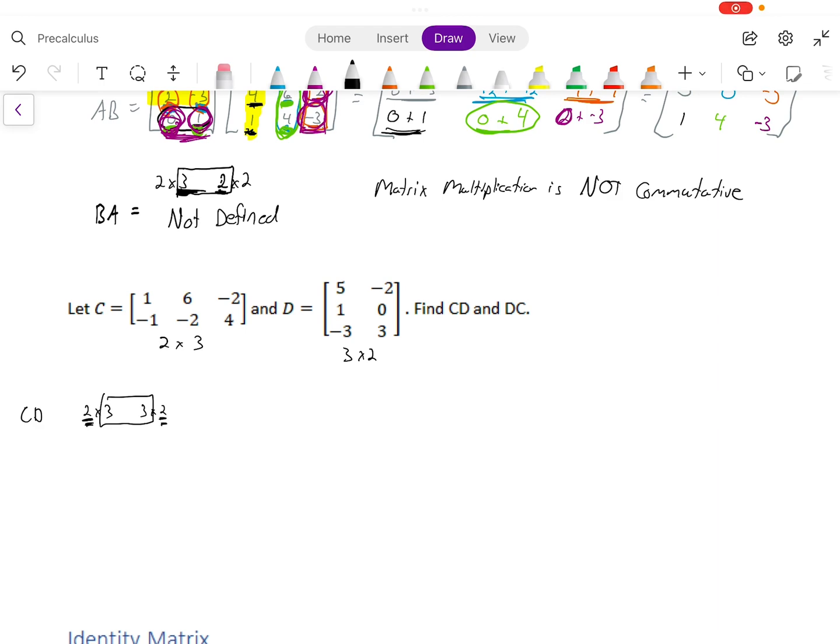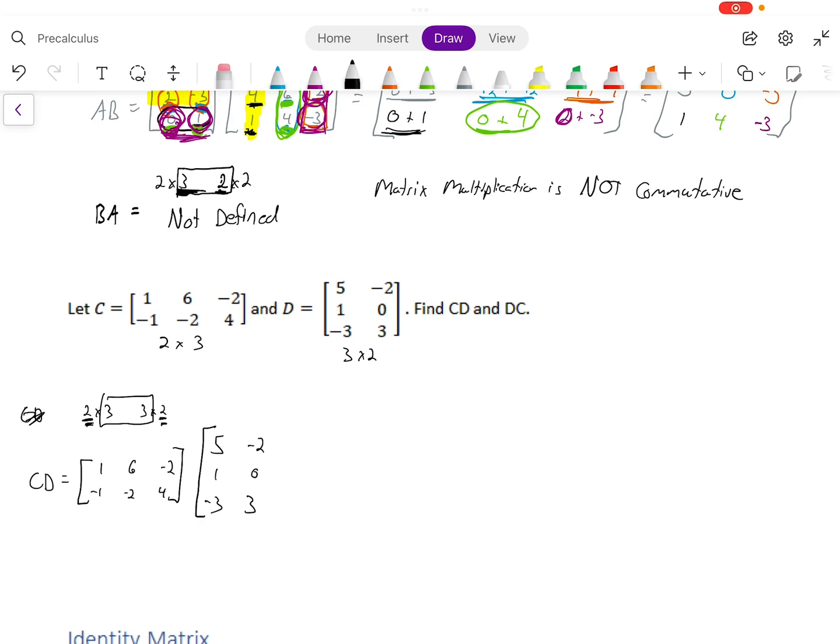So here we go. Let's actually multiply C times D. We'll write them in here: 1, 6, -2, -1, -2, 4, multiplied by 5, -2, 1, 0, and -3, 3.